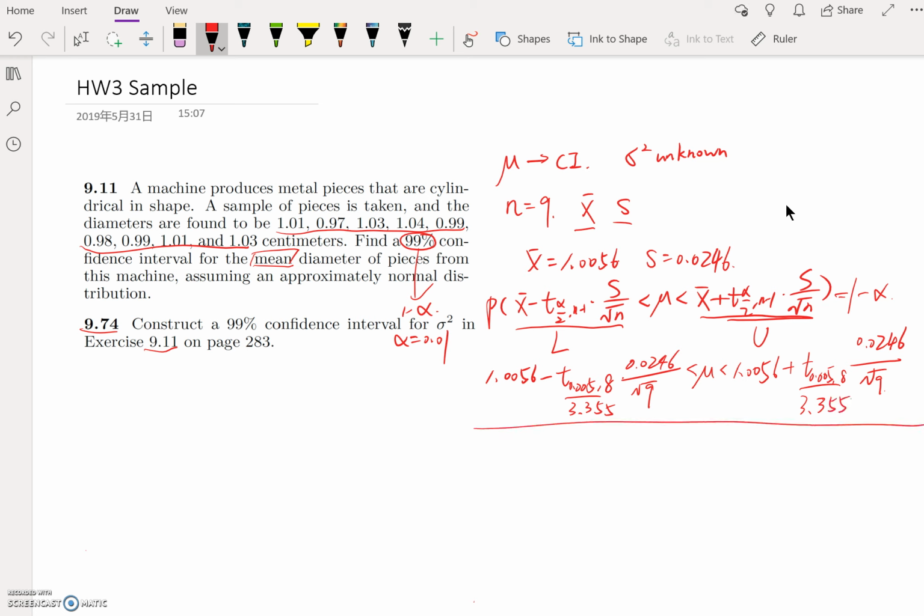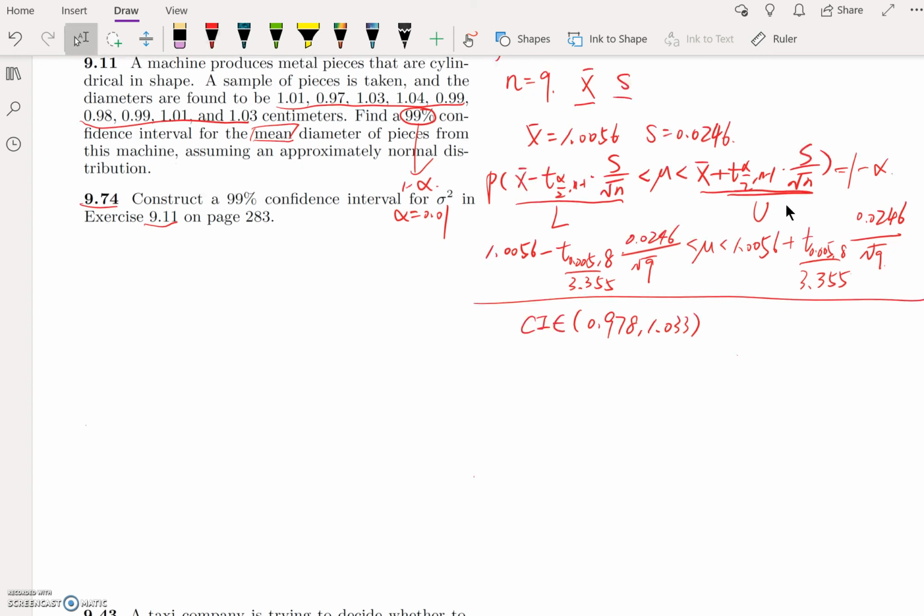I will skip the calculation part. The answer for this problem is 0.978 to 1.033. So that's the result.